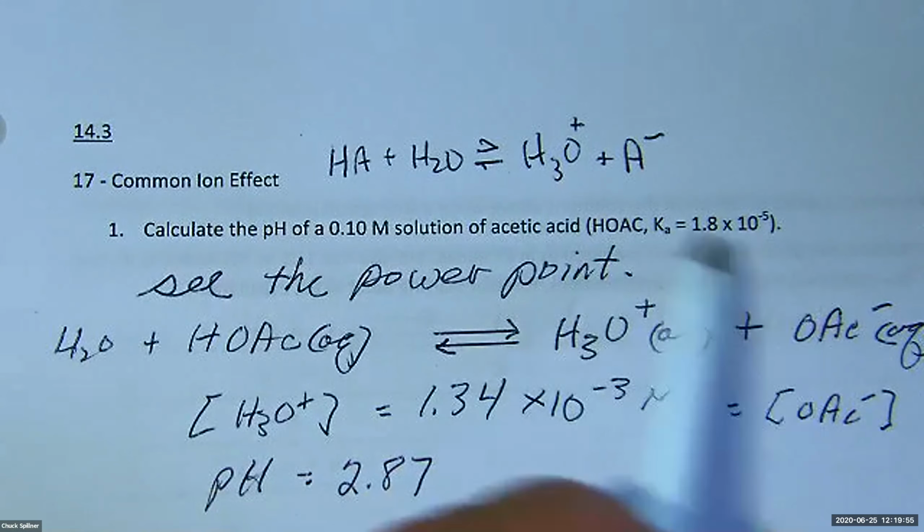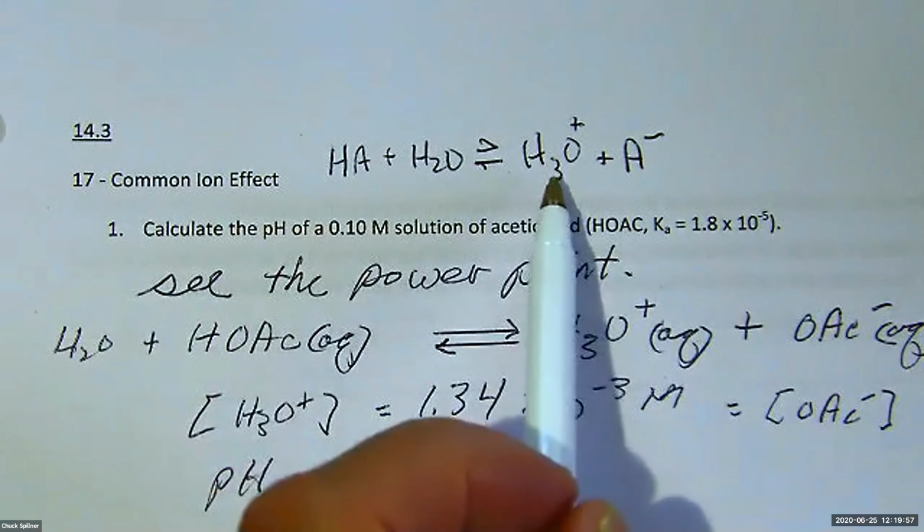So if we add a little extra hydronium ion, what's that going to do? If we have an equilibrium with HA and we add some product, well, what we learned from Le Chatelier's principle is that the reaction is going to go to the left. So if we add one of these ions, it's going to shift to the left, and the other ion will go lower, and the reactant will increase.